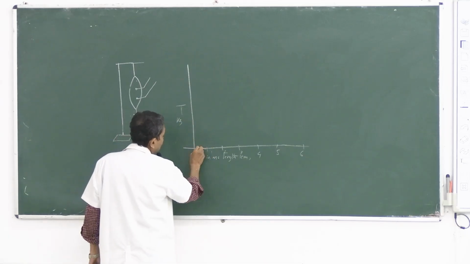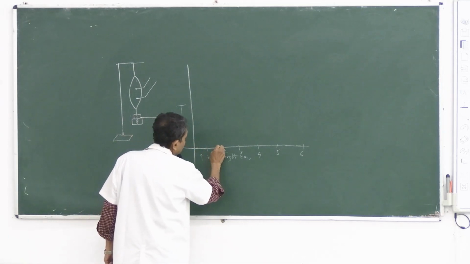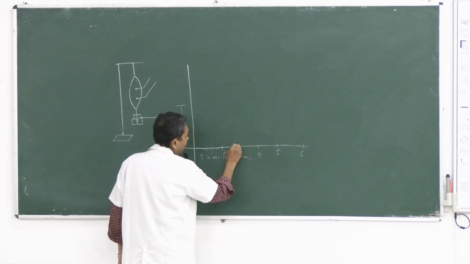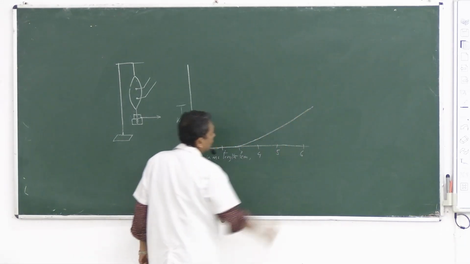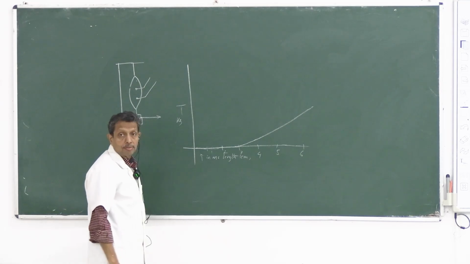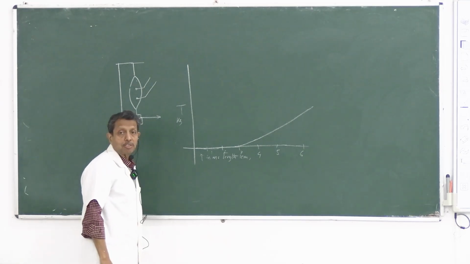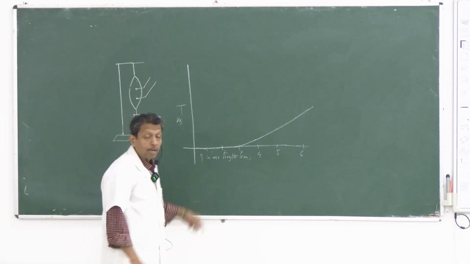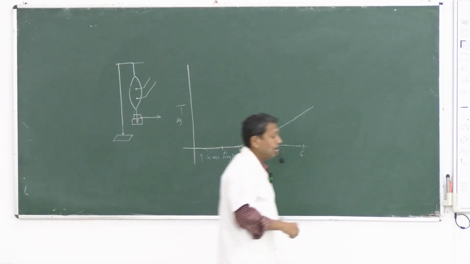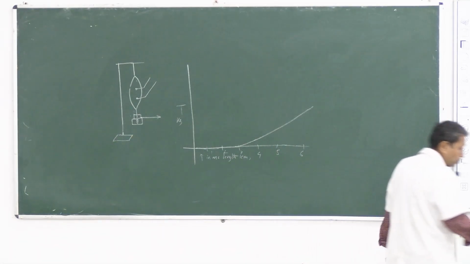Suppose up to the 3 position, then it is the passive tension. It will increase. Passive tension before stimulation. And at each length, when it is stimulated, then you get this type of curve.